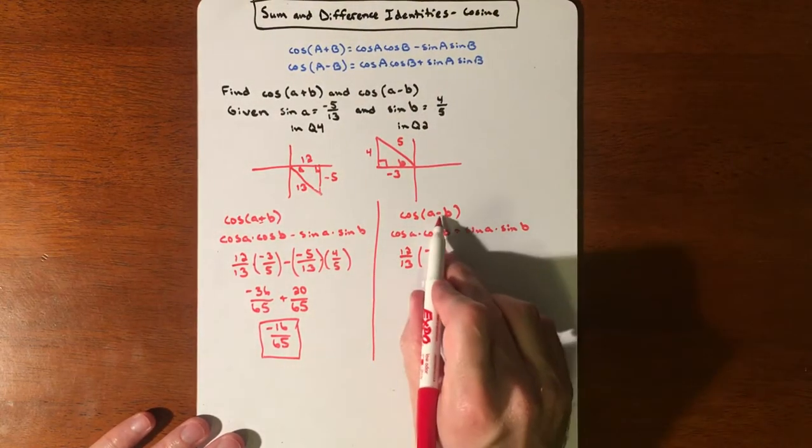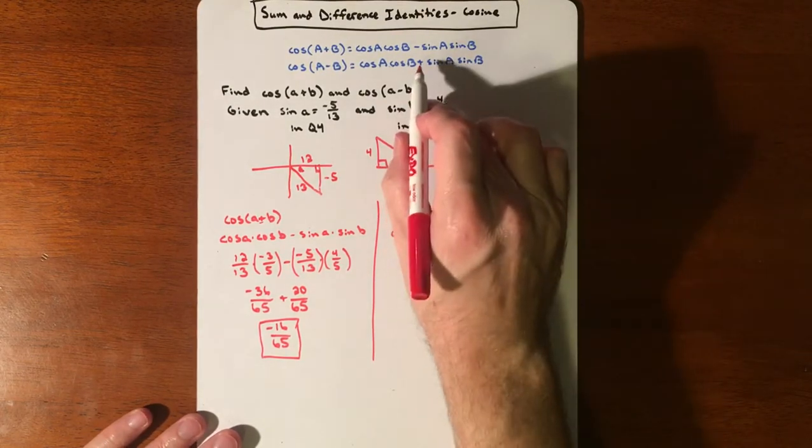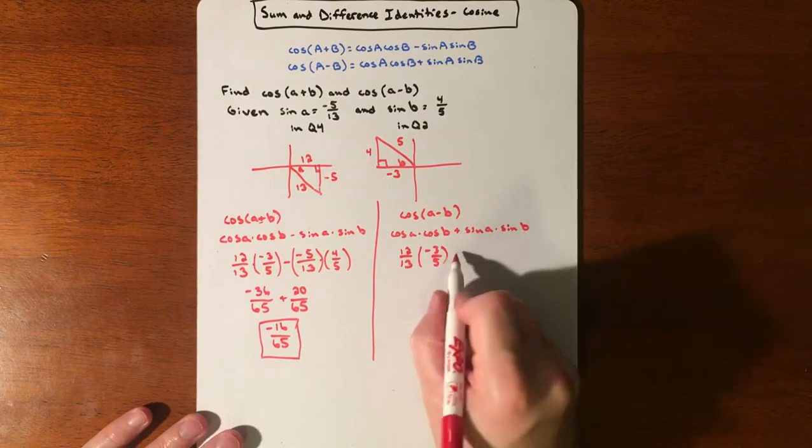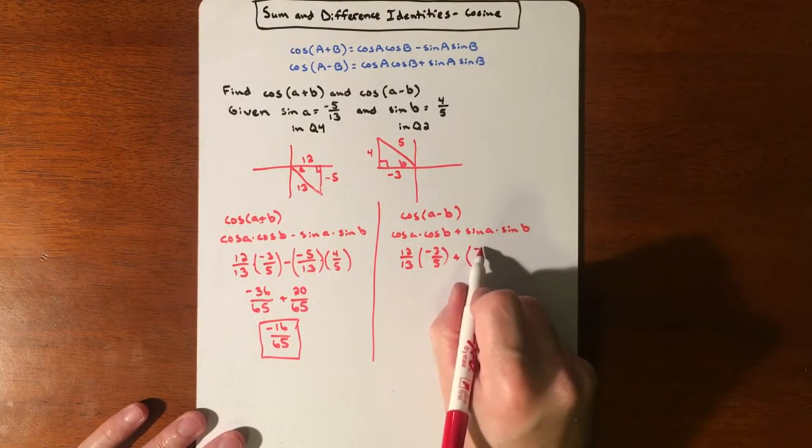The only difference is, since we're subtracting the angles, the formula we're going to use is going to make it an addition. So we're adding rather than subtracting, but it's still the exact same.